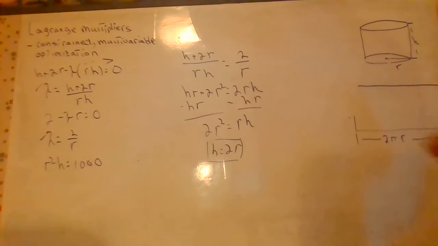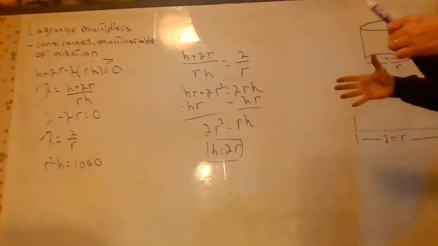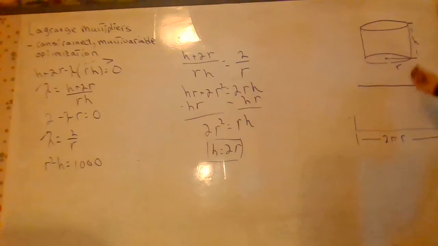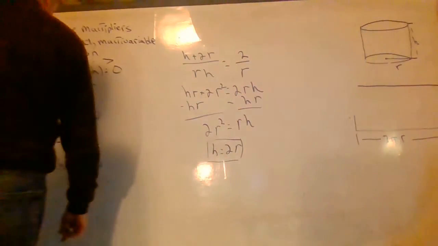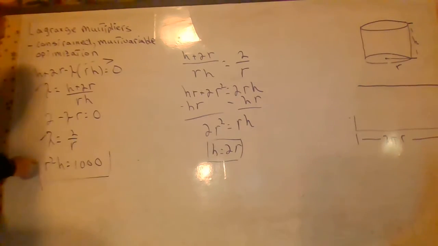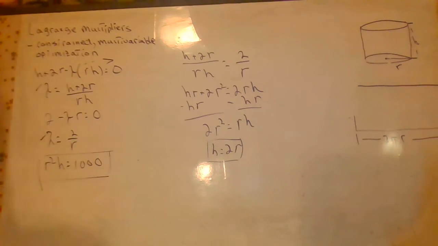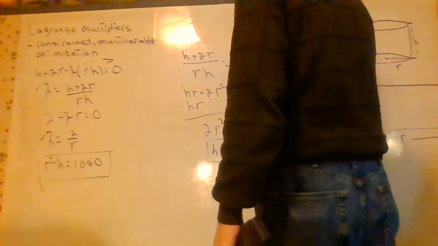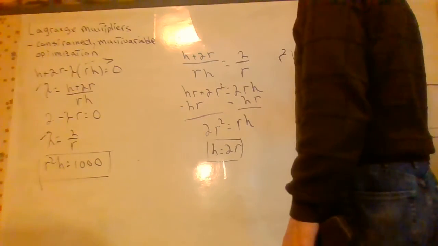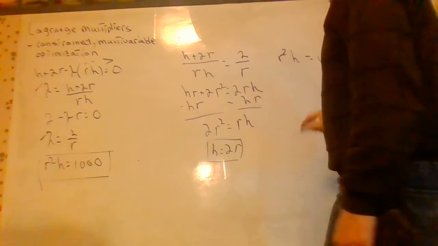So if you go to the grocery store, a big can of baked beans, that's optimal. A little can, a little pop can, for instance, not optimal. But there are other considerations. We want somebody to be able to hold it. So h equals 2r. Now, if you want the dimensions, guess what? We can put that together with this equation here. We have r squared h equals 1,000.